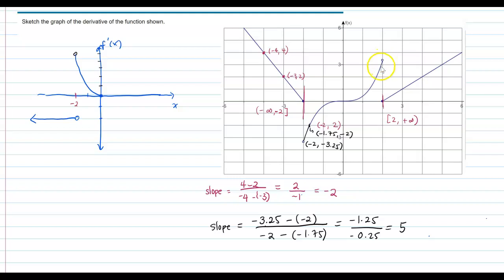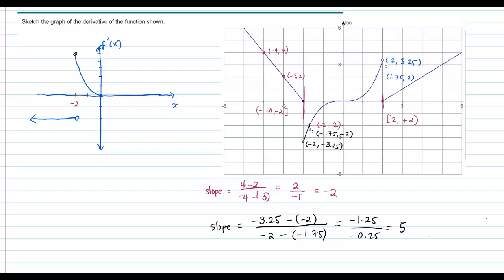The coordinates are 2, 3.25, and then another point here that will be 1.75, 2. And when you get the slope, you also get 5.